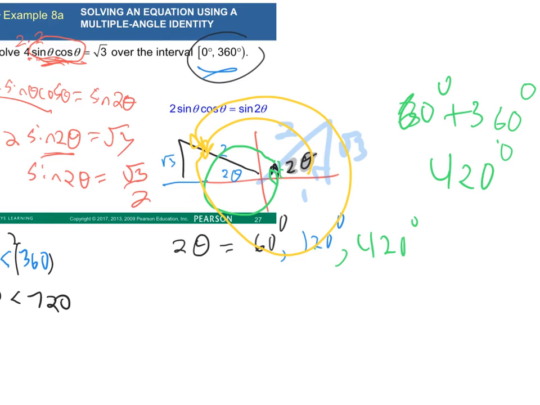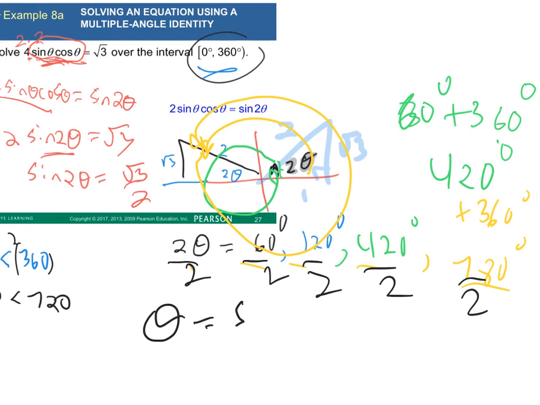So that's 120 plus 360, 480 degrees. So I actually got 1, 2, 3, 4 values for 2 theta. But I don't want 2 theta, I want theta. So I divide everything by 2.